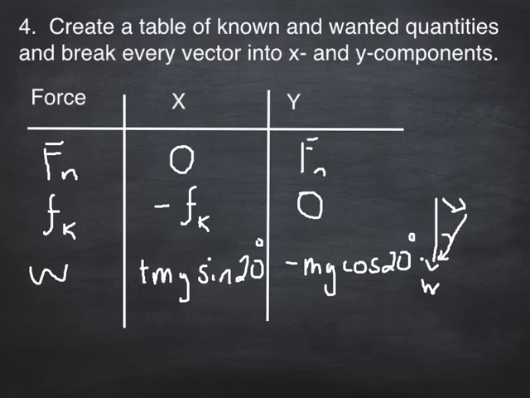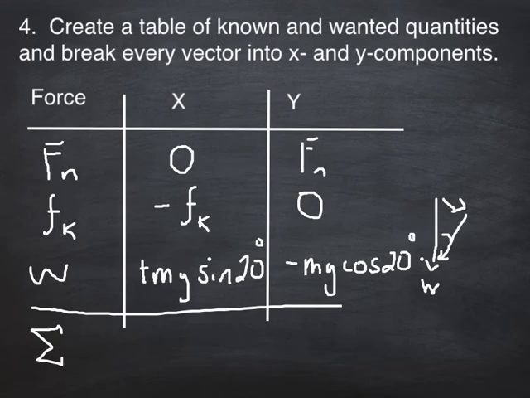Alright, I'm not quite done. I would like to add these up, but strictly I'm going to add up the x's and keep those separate from adding up the y's.